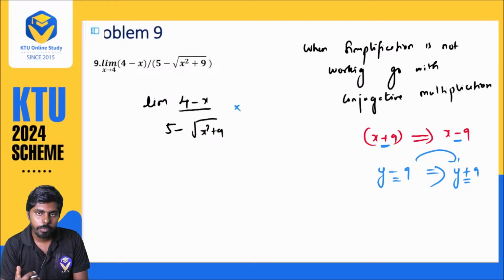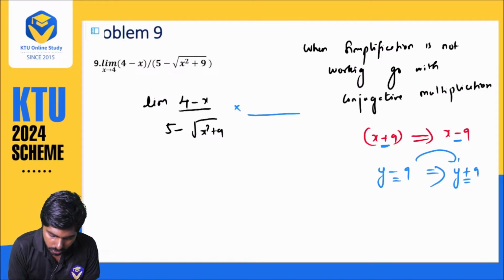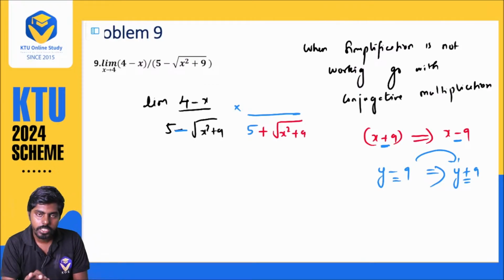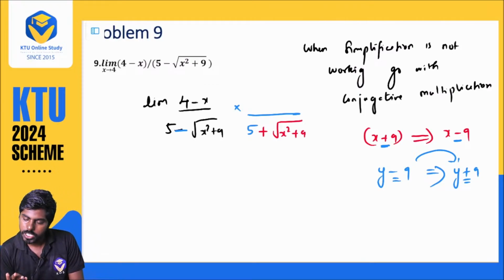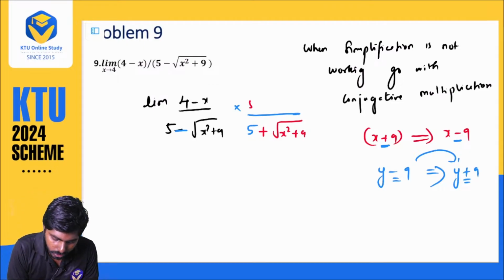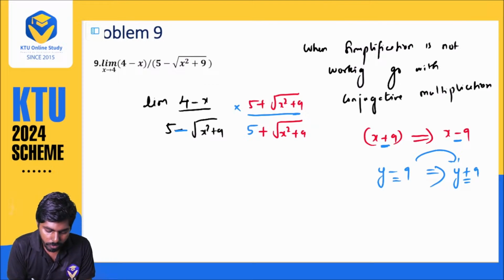Multiply and divide by the conjugate in numerator and denominator. So what is the conjugate? That is 5, and here there is a minus symbol, so I write a plus symbol: root of x square plus 9. Same thing, only changing the symbol. That is called conjugate multiplication, in numerator and denominator. So what will we get?